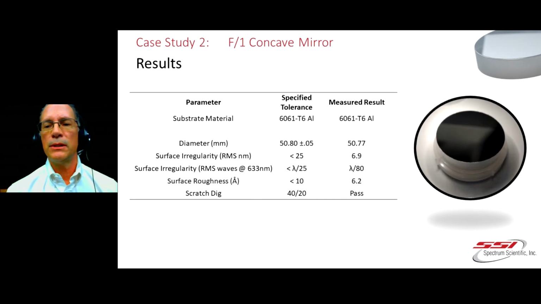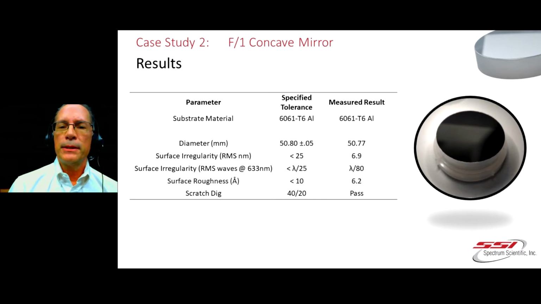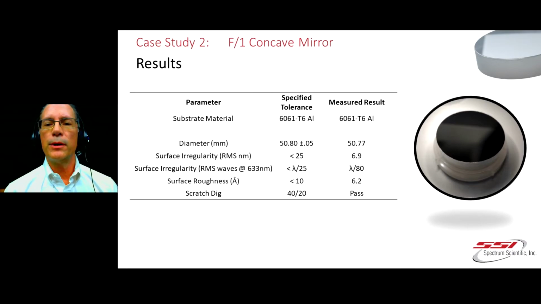If you had to have this diamond turned and post polished, that could perhaps be done. But just imagine if someone was going to diamond turn this part and then get rid of the post polishing marks. I think it'd be really hard to maintain the surface figure.